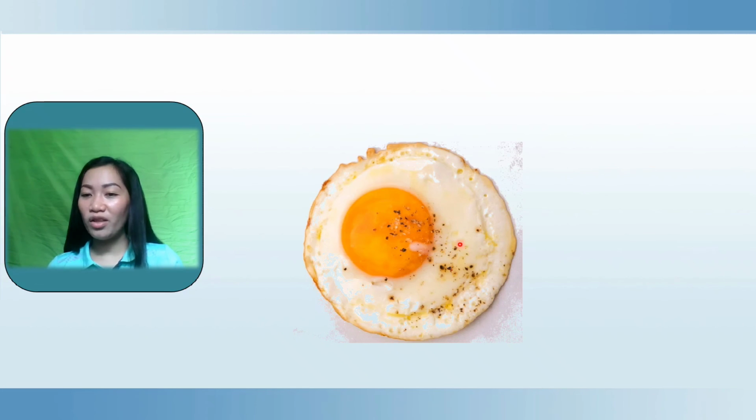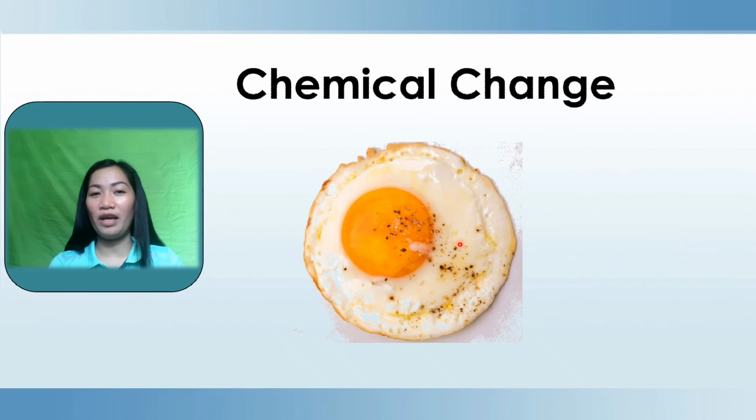So, what do you think? Is it a physical change or a chemical change? Yes, perfect. There is a chemical change from uncooked to cooked egg. So, chemical change happened.